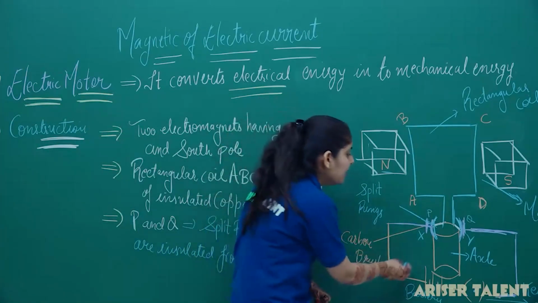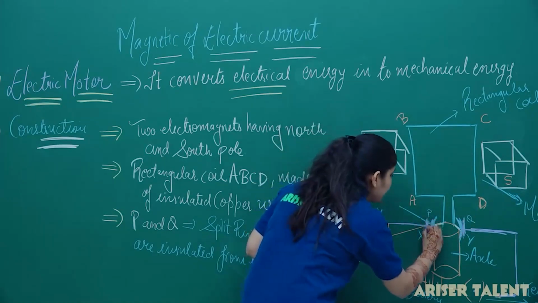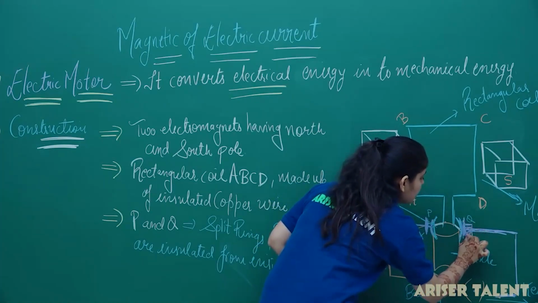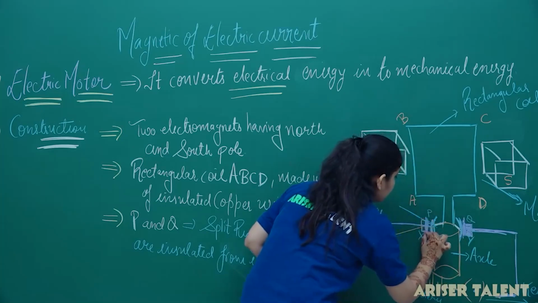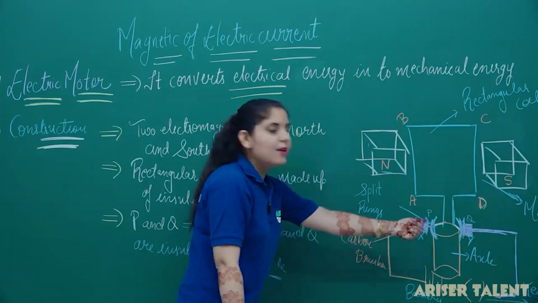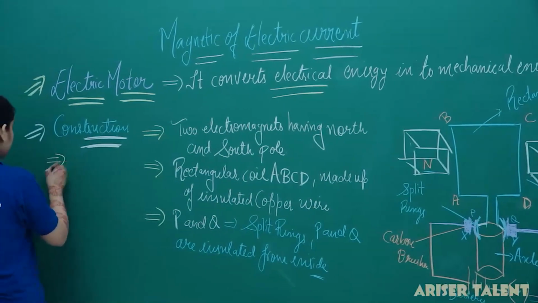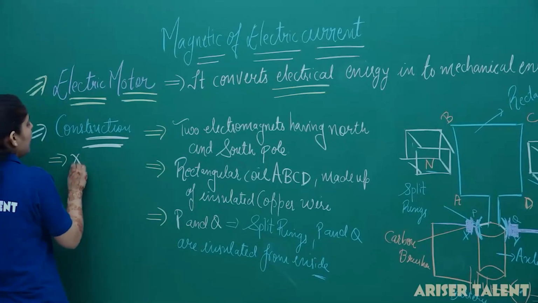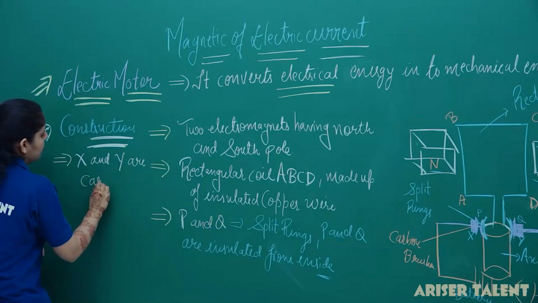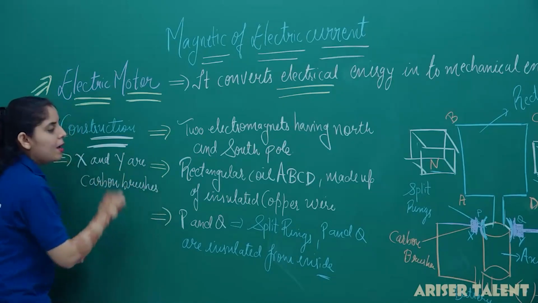Now you can see that these split rings are again connected to that part, and this part is nothing but our carbon brushes. These carbon brushes are denoted by the letters X and Y. So we have another component here, that is X and Y, and X and Y are carbon brushes.